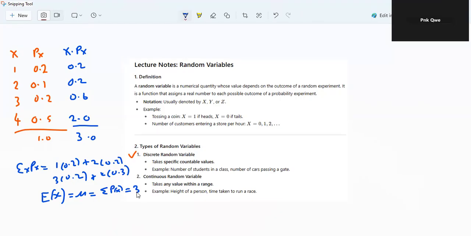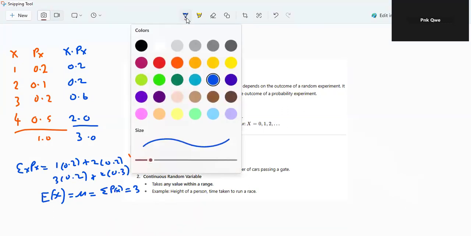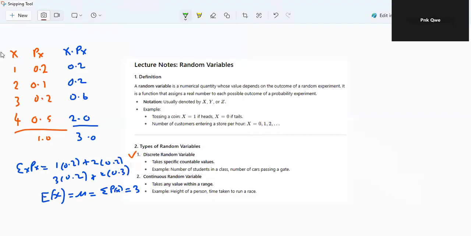Then to find our variance, we first square the values of x. So here, we're going to square these values. 1 squared is 1. 2 squared is 4. 3 squared is 9. 4 squared is 16.